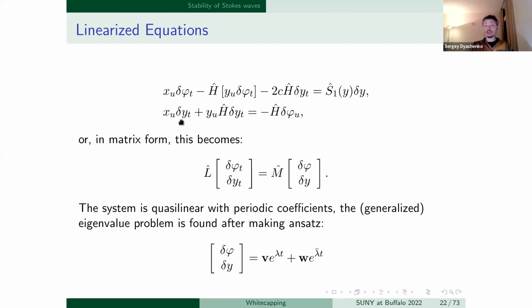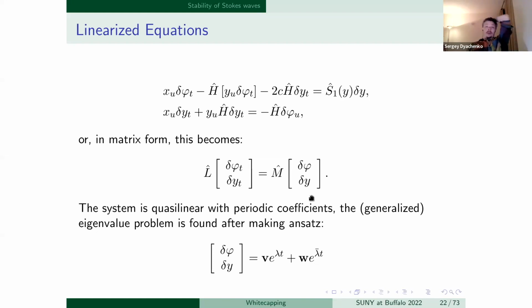So we can seek its solution again in terms of a combination of exponentials: some eigenfunction v times e to the power lambda t. And also to respect this quadfold symmetry, we can also add the second term w e to the power lambda bar t.